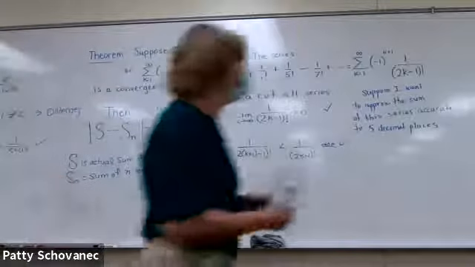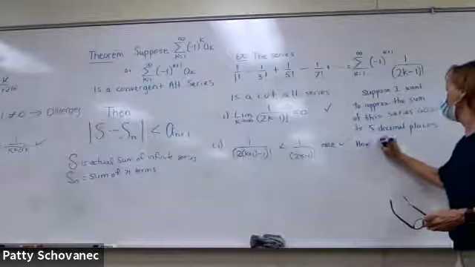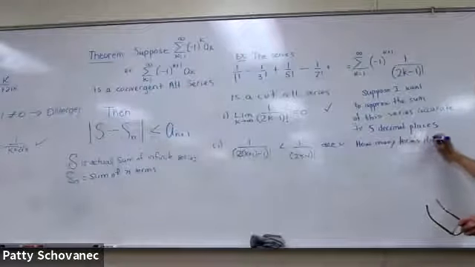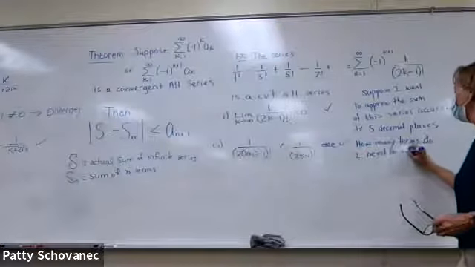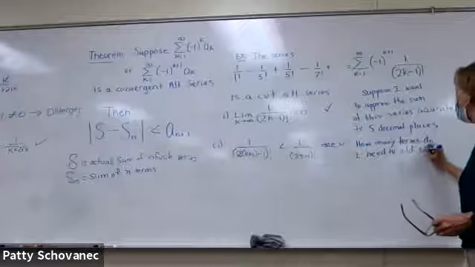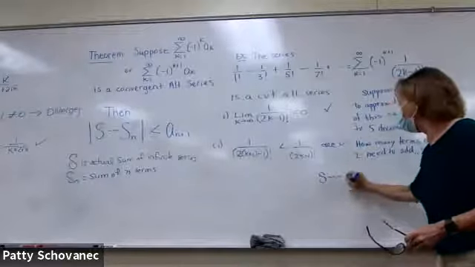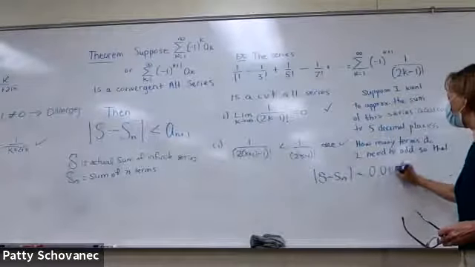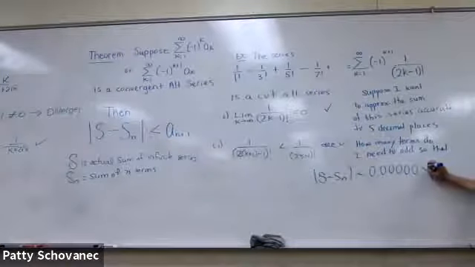How many terms do I need to add to get that? So S minus Sn is smaller than, let's see, 1, 2, 3, 4, 5, and maybe at worst, the 6th place would be a 5, so it would round up.